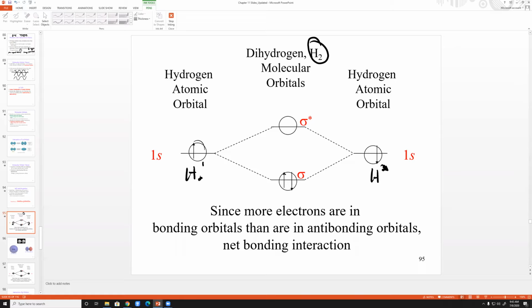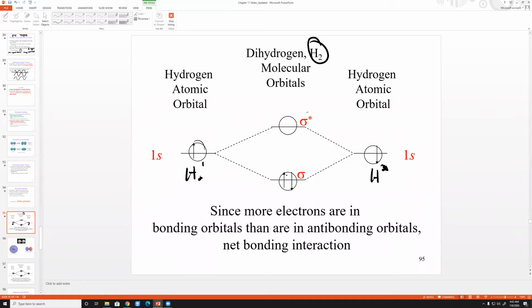So what happens is when they bond, each electron from hydrogen will bond well, and it'll create one sigma bond. And there'll be no electrons in the sigma star orbital. Why? Because when things bond, they like to take the energetically favorable route when possible.